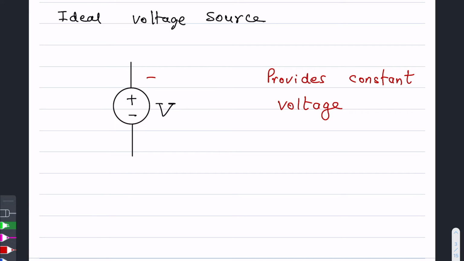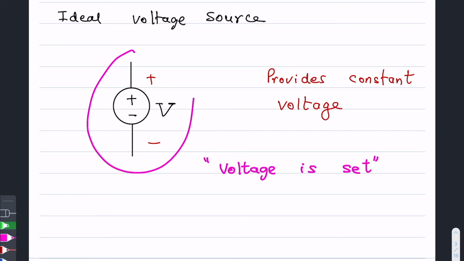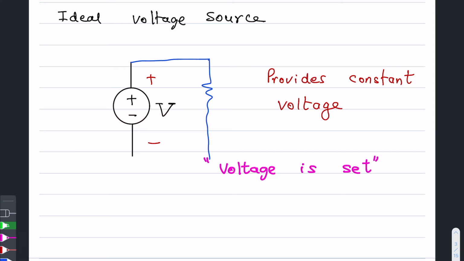Voltage across the terminals is constant. You can almost think of it as the voltage being set by this device in this circuit. On the other hand, the current is not constant, not defined.